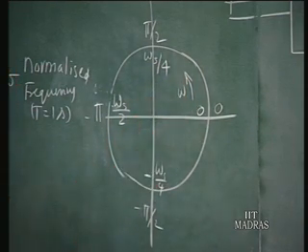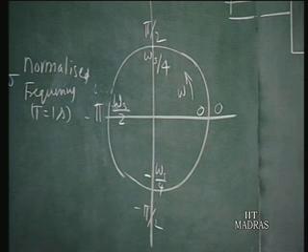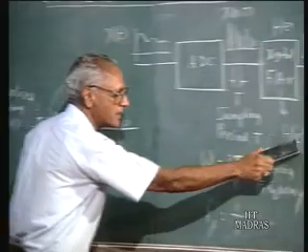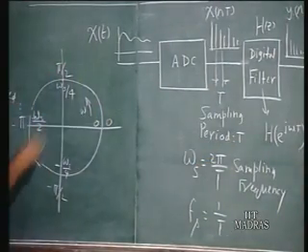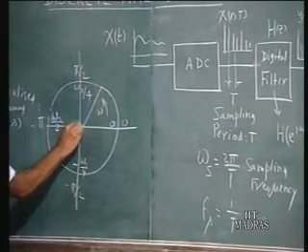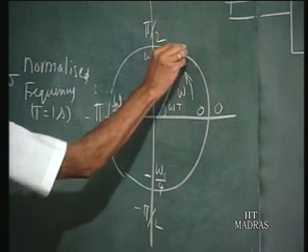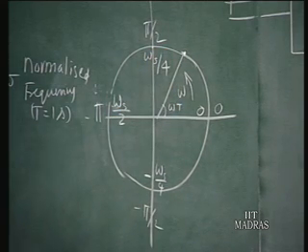So, we graduate this unit circle if you want to do it in terms of the actual frequency ω. When we want to evaluate the frequency response at ωs upon 4, this is the point which you should consider. In the normalized case it becomes pi by 2. So, the connecting link is that ωT is now the angle that you have to use instead of simply ω. At any particular frequency, the angle must be ωT, and at that point you must evaluate the frequency response.